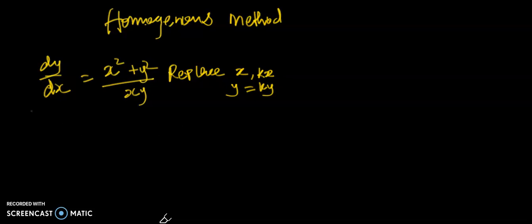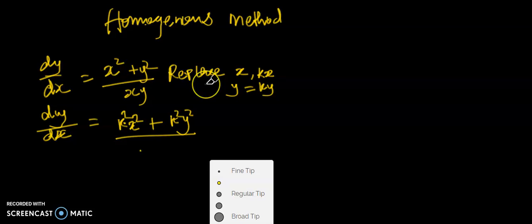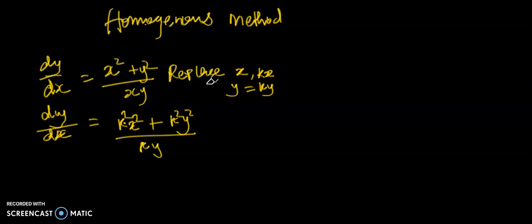If we do this, we simply have dy over dx equal to kx, but remember x is squared, so it is k squared x squared plus k squared y squared divided by kx ky.